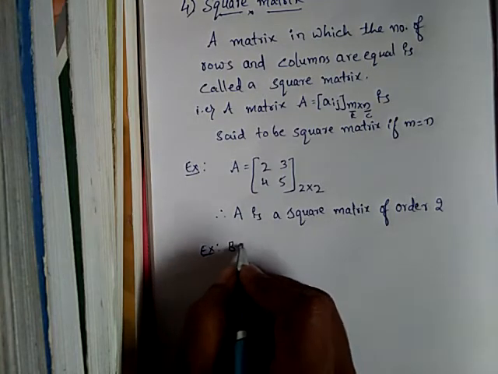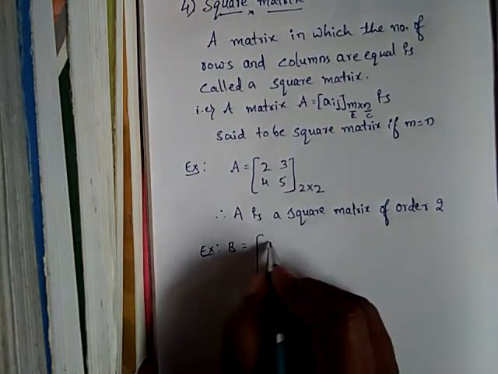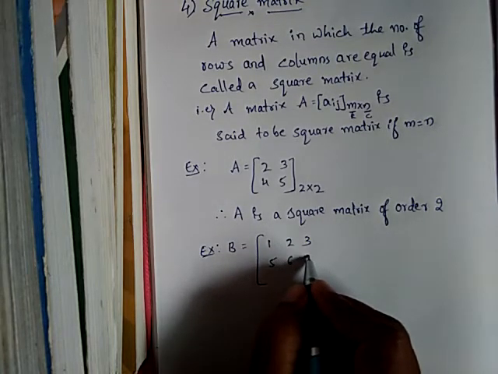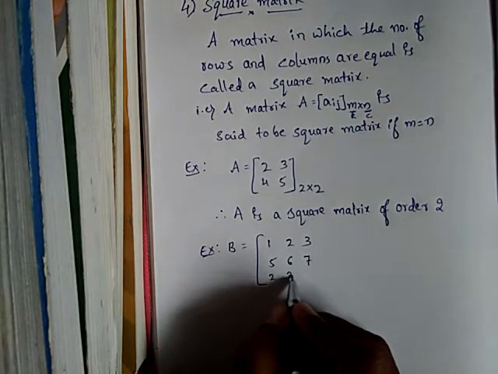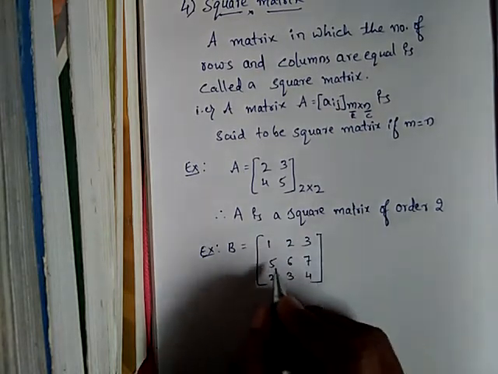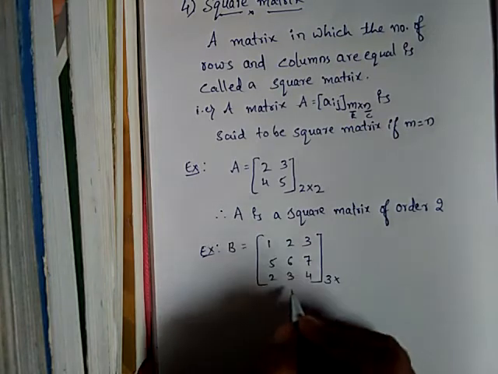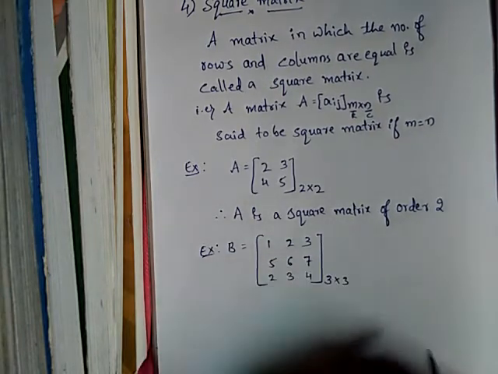Okay, similarly one more example I will take here, so that you will get the idea. So B is equal to 1 2 3 5 6 7 2 3 4. If I take, here 3 rows are there, and 3 columns.